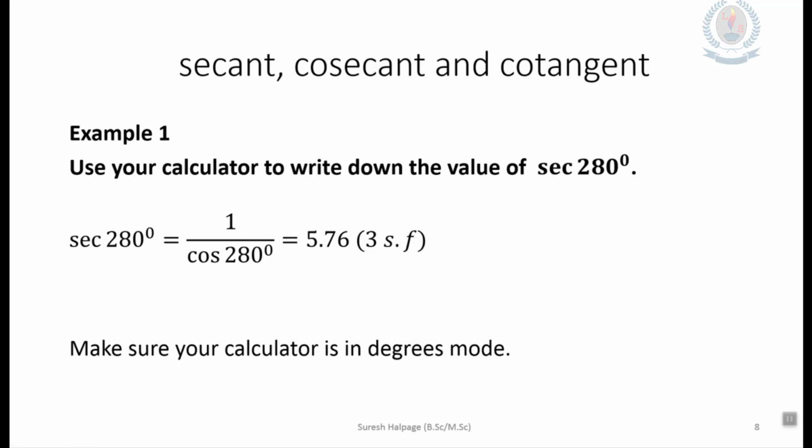Now you can find the value of cos 280 on your calculator, and then you can get the answer. Make sure your calculator is in degrees mode. You need to use degrees mode.